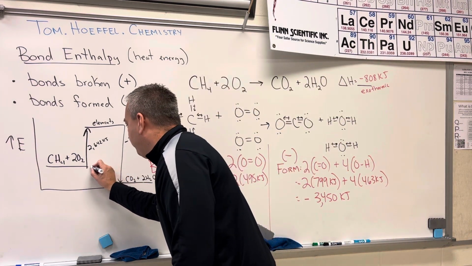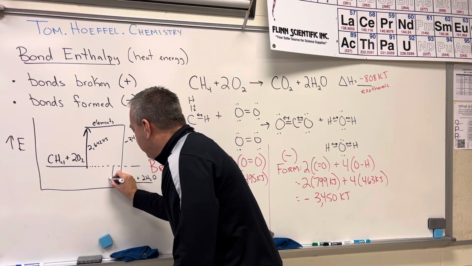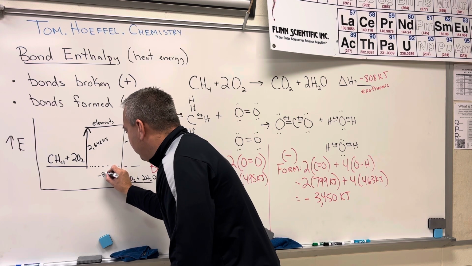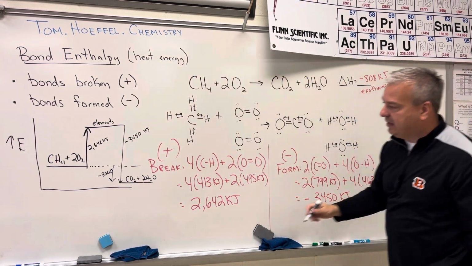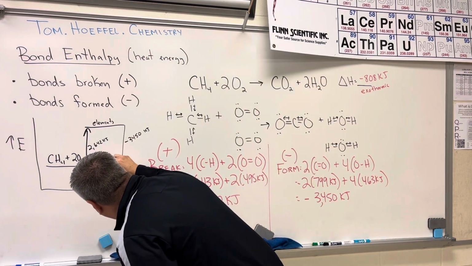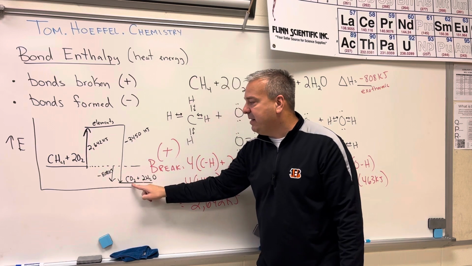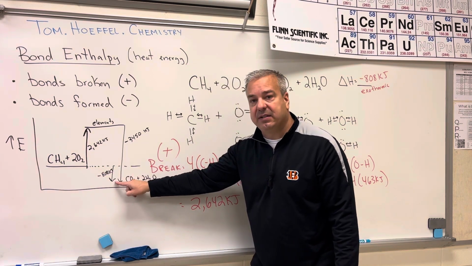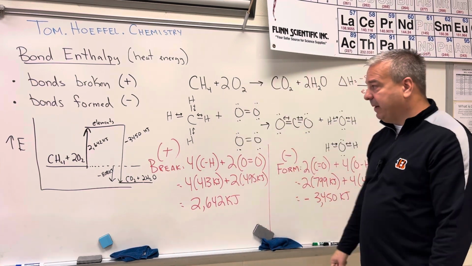So if we started up here and we ended down here, that's going to be a release of 808 kilojoules. So that's an 8 right here. So from where we started to where we ended up, that was a decrease of 808 kilojoules, and that's an exothermic reaction.